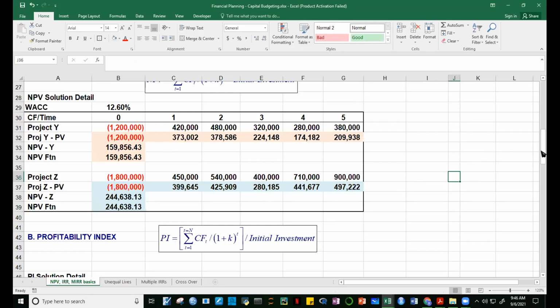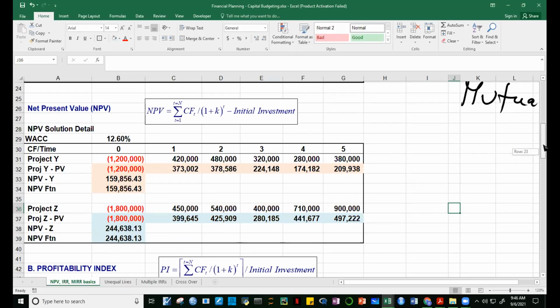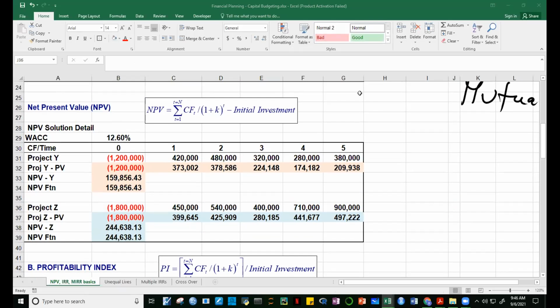Okay, based on NPV, guys, if these projects were independent, sino pipiliin natin? Thank you, I appreciate the responses. Back to my question. If these were independent projects, Project Y and Project Z, sino yung pipiliin natin? Paki-chat nga, guys. Will it be Project Y or Project Z?